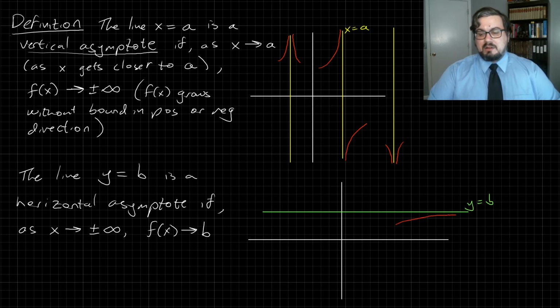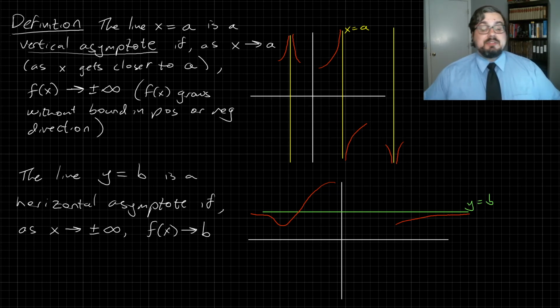Now, there are several ways that this can happen. It can approach it from one side, sort of just like a rotated version of what a vertical asymptote looks like. But it can also do something where it comes down and back up and goes through there. It's sometimes said that a function can't touch its asymptote.